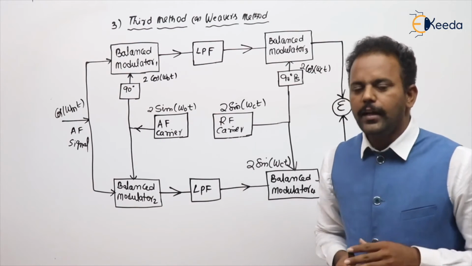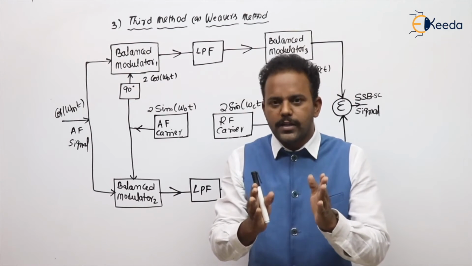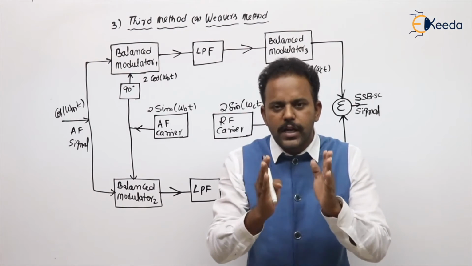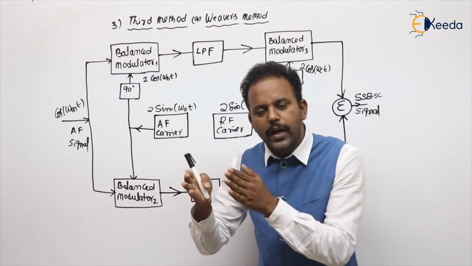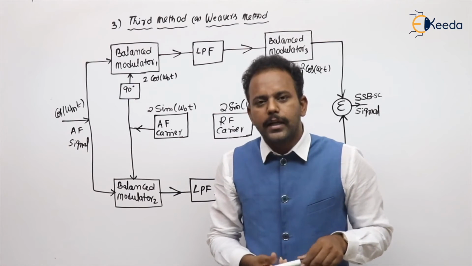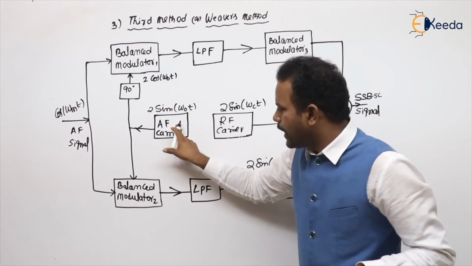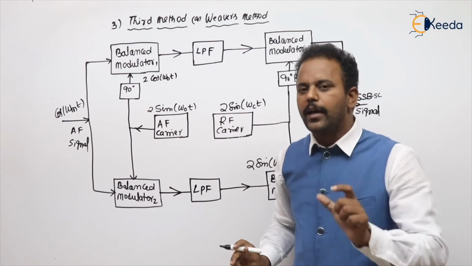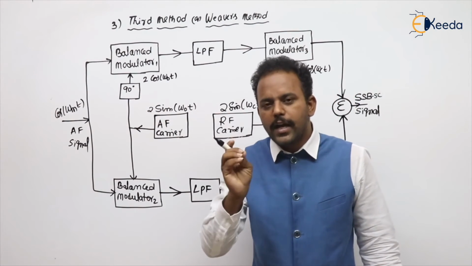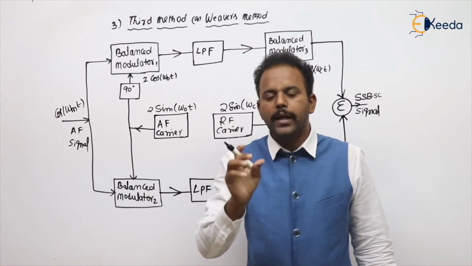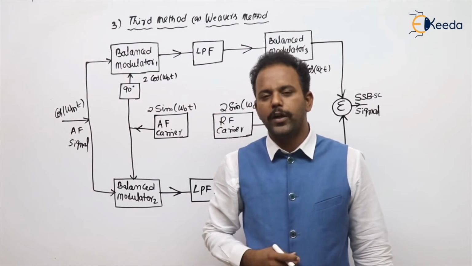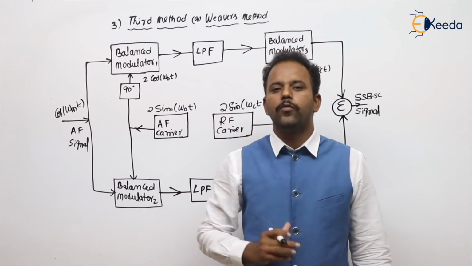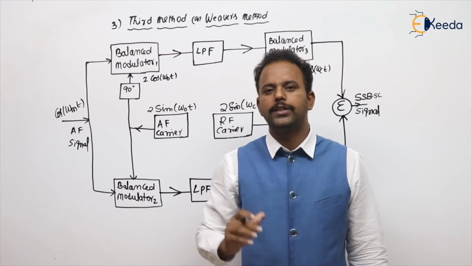Rather than shifting the whole frequencies of the AF range, first this AF range is shifted to an intermediate level, that is the AF carrier range, and this AF carrier only we are making the 90-degree phase, and this AF carrier we are keeping in the mid-range of the audio frequency range, that is fixed at some 1650 Hz.